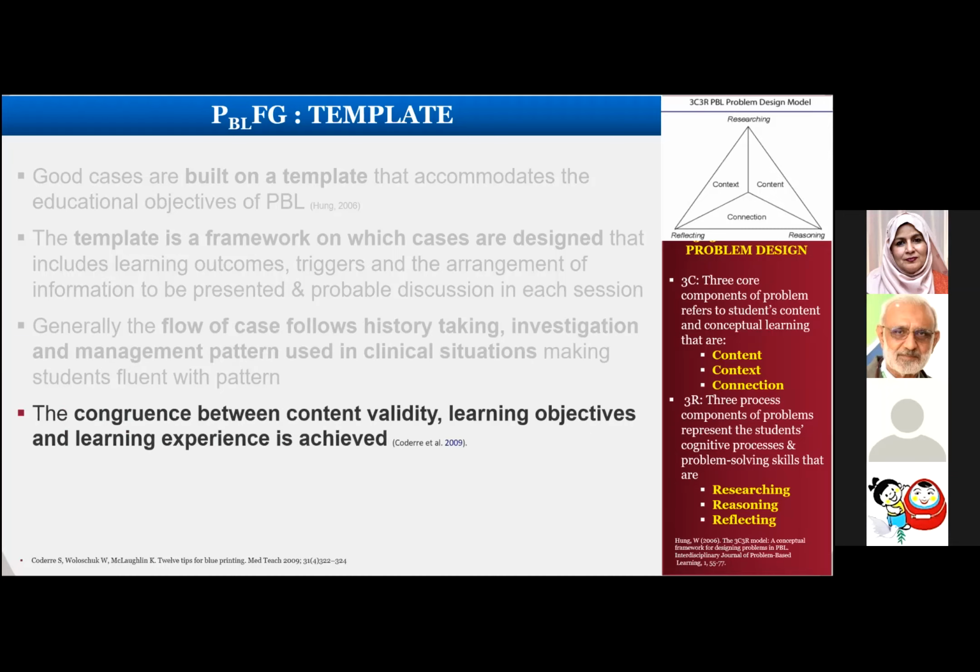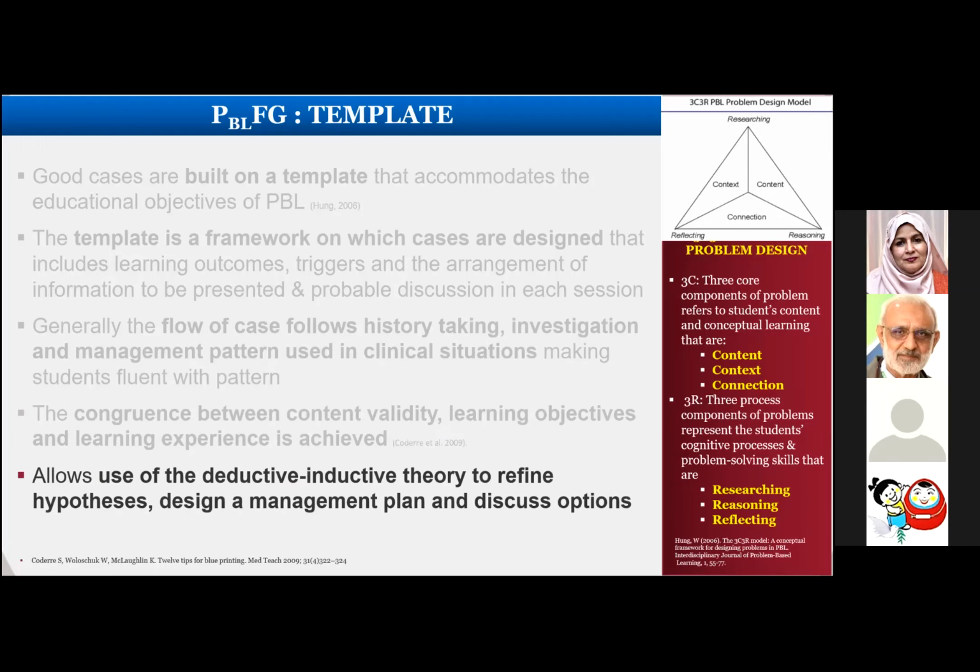The congruence between content validity, learning objectives, and the learning experience is achieved. Allow use of deductive and inductive theory to refine hypotheses. It's very important. You add something in your list of learning outcomes, then you remove it. In the next stage, you decide you want to bring it back. So the students keep on working in deduction and induction to refine their hypothesis.